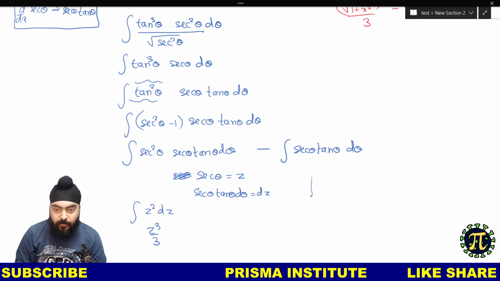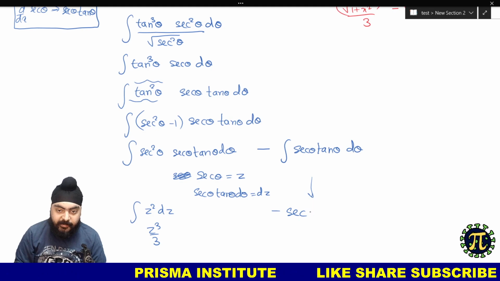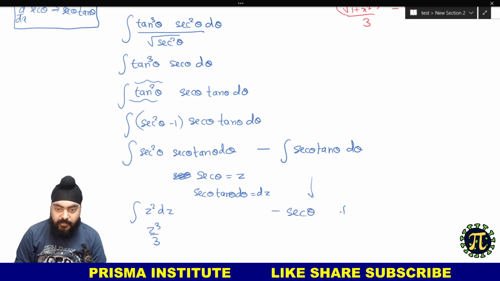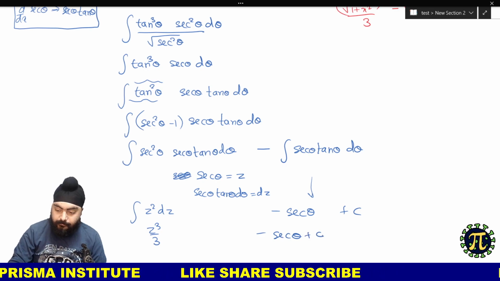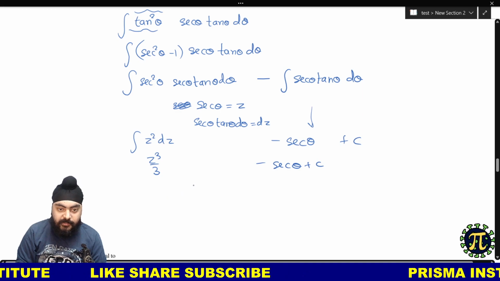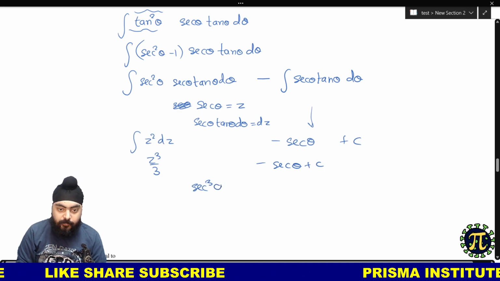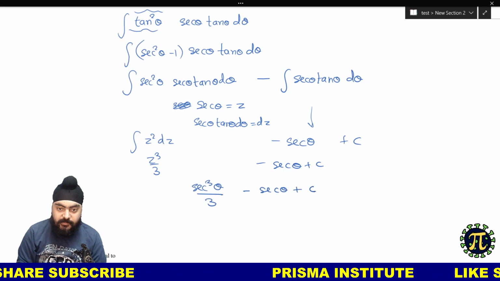And this integral we already know, this is minus secant theta, right? So secant theta tan theta's integration is secant theta. So plus c, so minus secant theta plus c. So simplifying it further, what was the value of z, secant cube theta, right? Secant cube theta by 3 minus secant theta plus c.